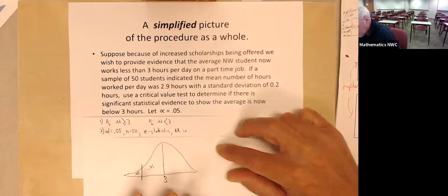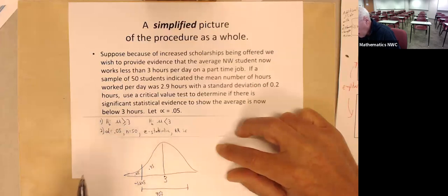This is a little confusing now for this reason. When I did a 90% confidence interval, I had 5% in each side, giving me 90%. Those z-scores were 1.645, negative and positive. That was for a 90% confidence interval. 90% means I took that 10% and split it in half on each side.